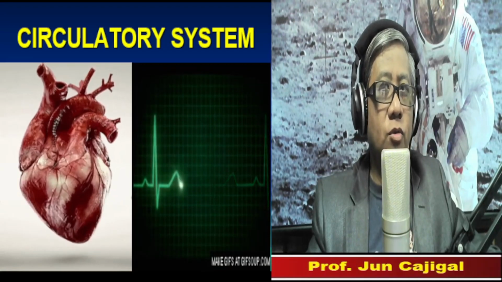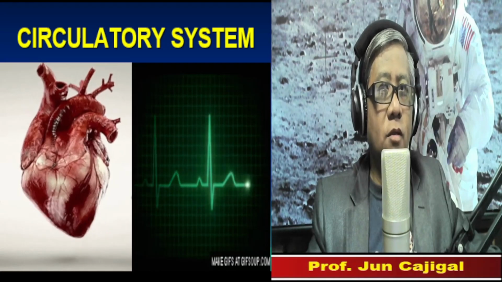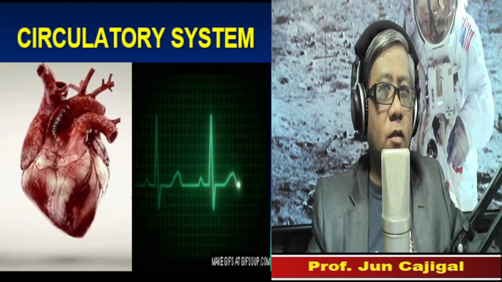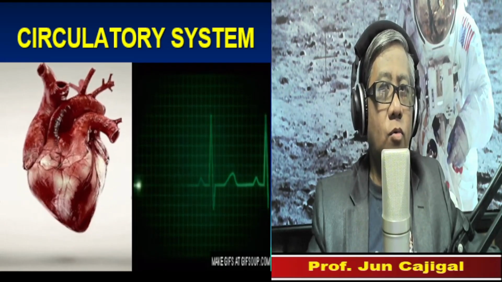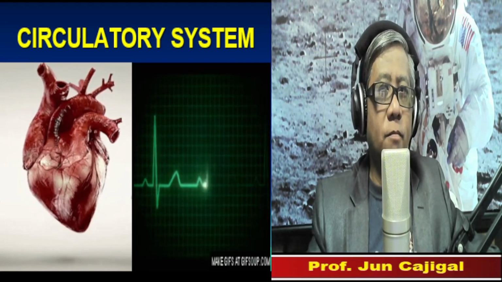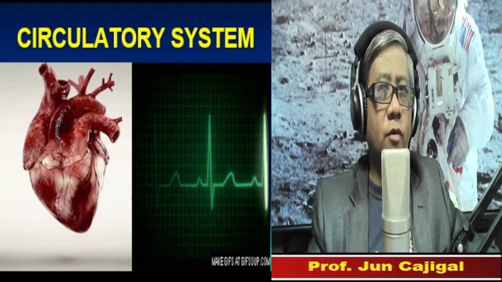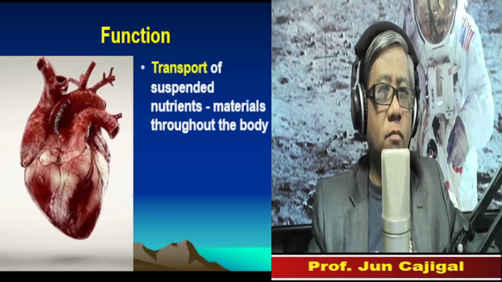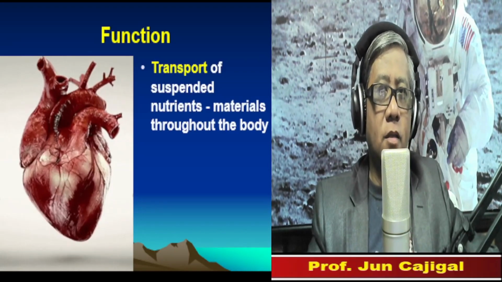I am Professor Jun Cajigal, and for today's online lecture on the life sciences, we will take a look at our own circulatory system. Now, our circulatory system performs the following functions. Number one, our circulatory system is involved in the transport of nutrients and materials throughout the body.